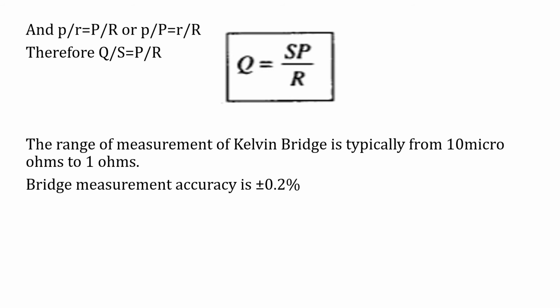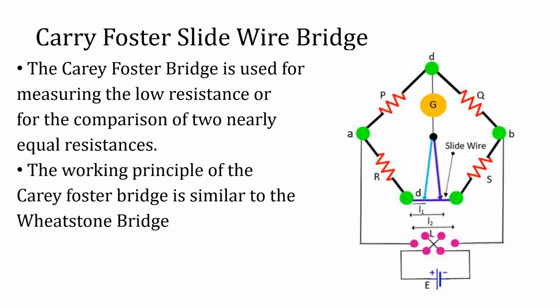The range of measurement of the Kelvin's bridge is typically from 10 microohms to 1 ohm, and the bridge measurement accuracy is plus or minus 2%. Another type of bridge which is used for the measurement of low resistance by comparison method is the Carey-Foster slide wire bridge.